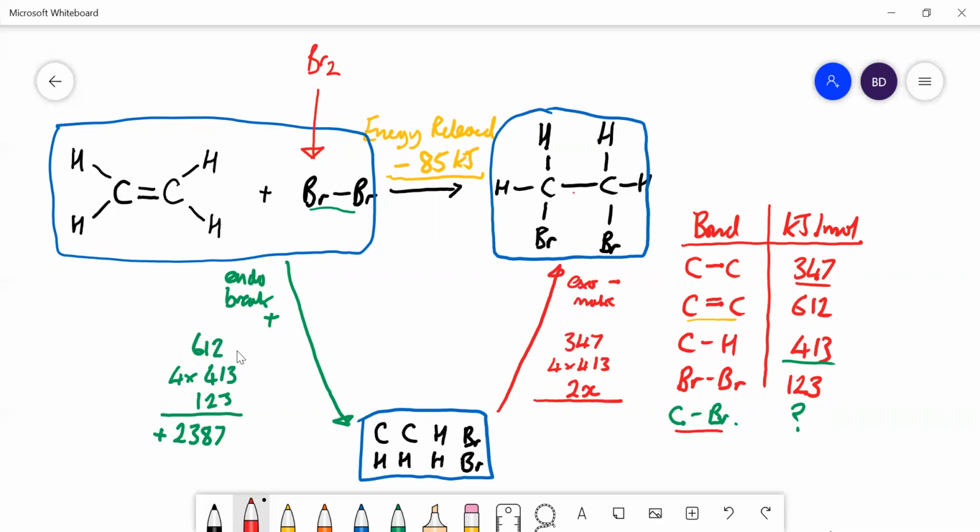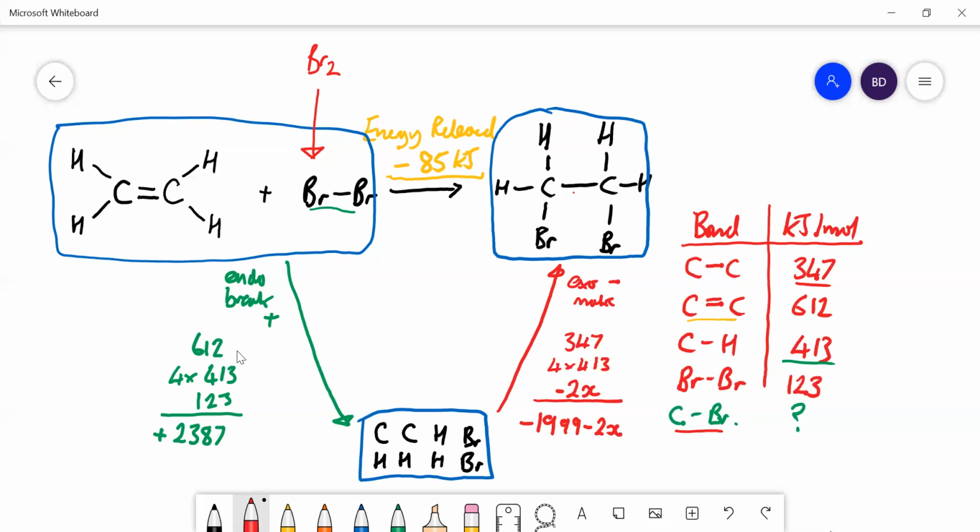So if we add all that up, we get 1,999, and then it's going to be minus 2x because we're forming 2 of those bonds.